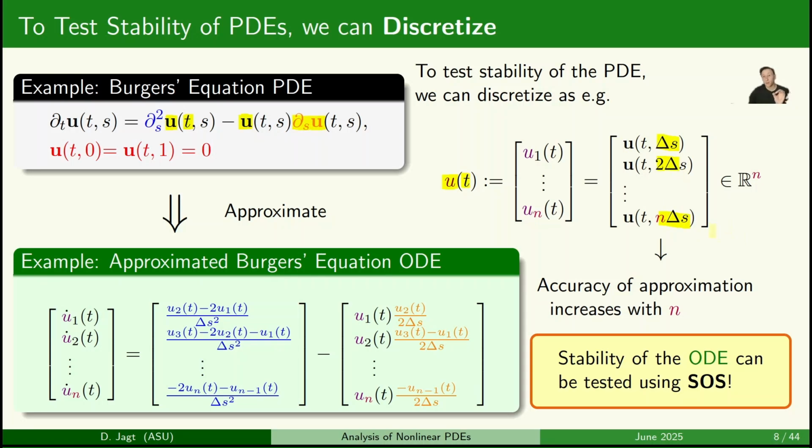Now, this is just a finite difference discretization approach, which is far from the most sophisticated method, but is just for illustration purposes. So then approximating our PDE state by an ODE state, we can also approximate our partial differential equation by an ordinary differential equation, at which point we can test stability using our SOS framework.